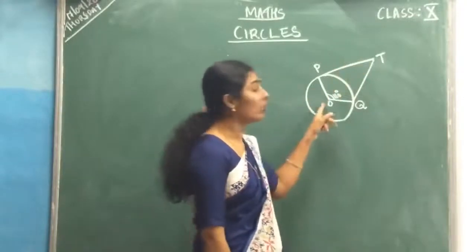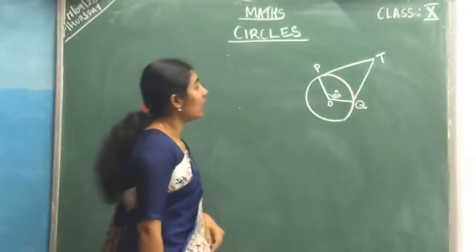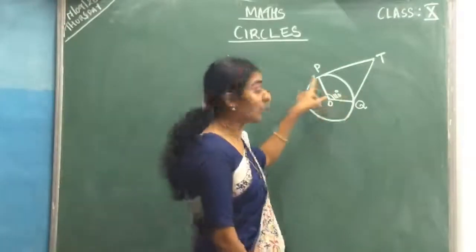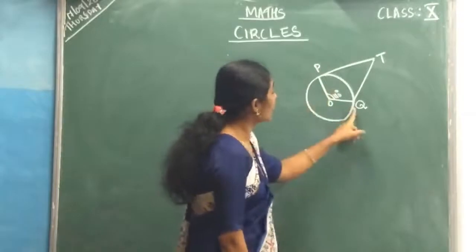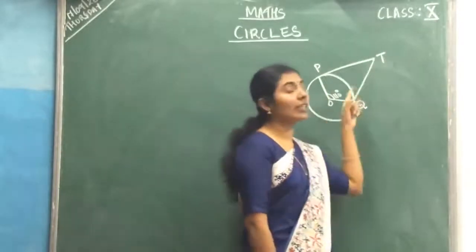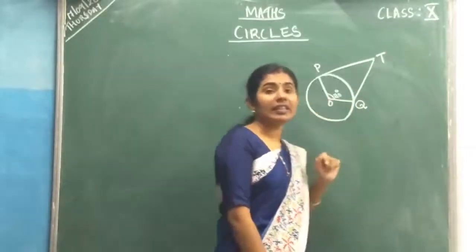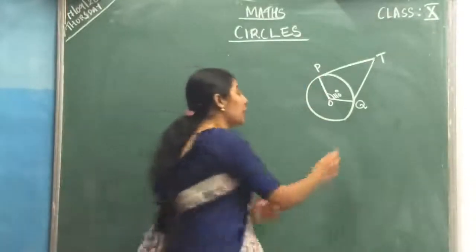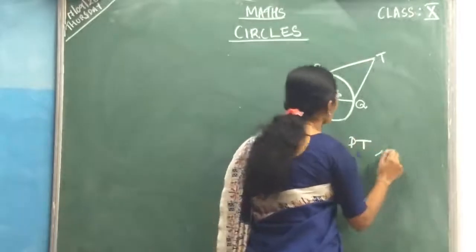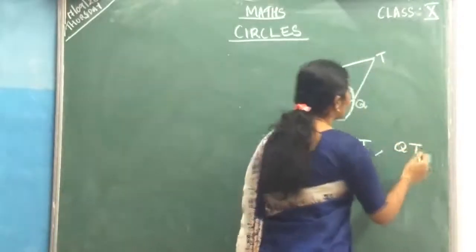Now you see O is the center of the circle. And what about P and Q? P is the point of contact of this tangent and Q is the point of contact of the tangent QT. From this figure, what can you understand?